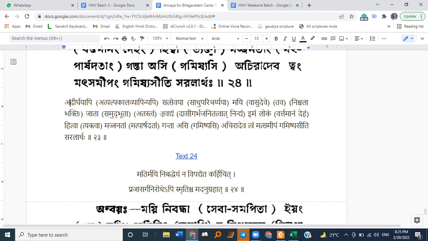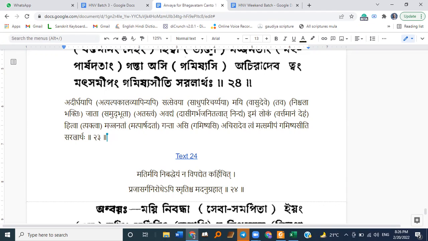Therefore, you who are born of a dasi, and being born of a dasi, you are Nindyam, like you belong to a lower caste, let's say. And therefore, when you give up your present body, which is not fit for seeing me, then having given that up, you will become one of my parshada, my associate.